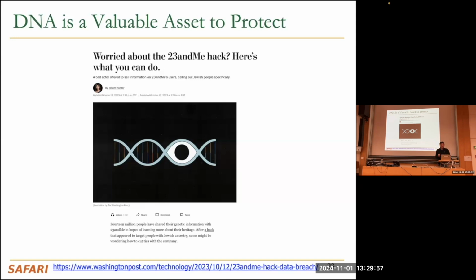I'm not sure if they are still surviving, but this was a huge leak. What was happening is that when you sent your sample, they would analyze your genome and give you some insights, right? But apparently they were keeping the data about you, and this data got leaked.